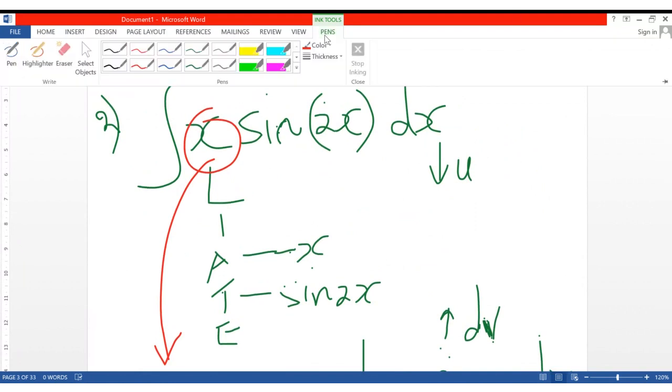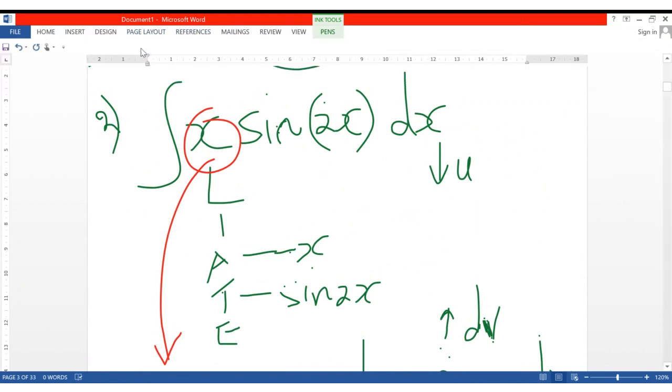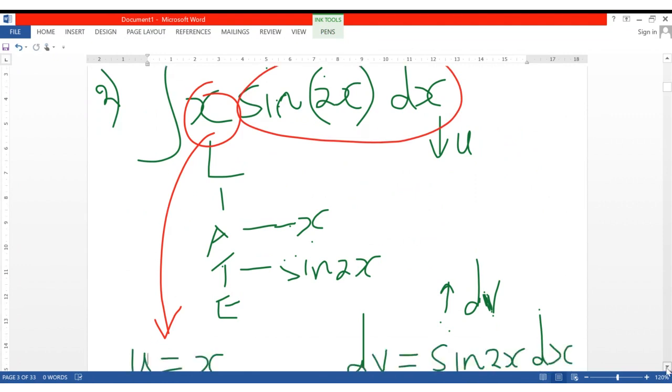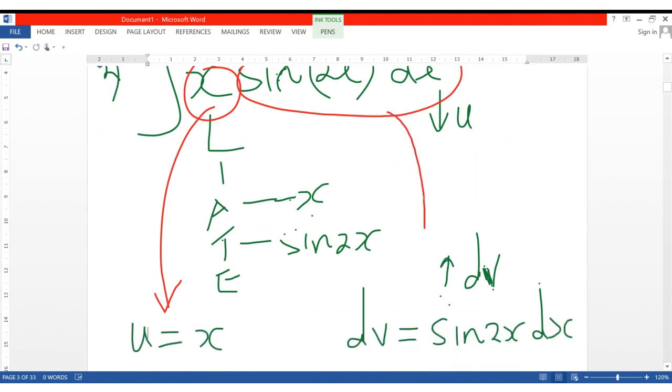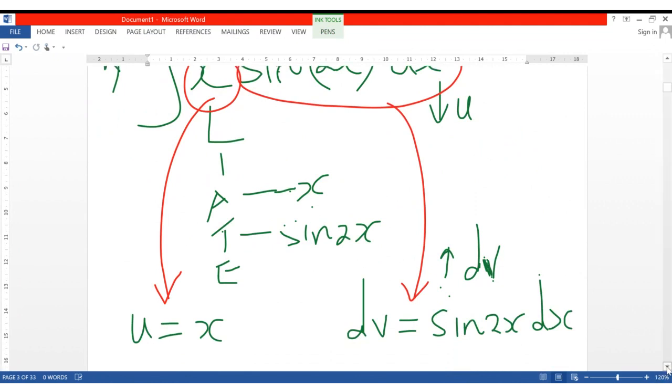So we had said in the previous example, we take the whole of that one, whatever that is remaining, my dv, together with the dx. Very important, because when you're integrating, we must be able to know you're integrating in terms of what.